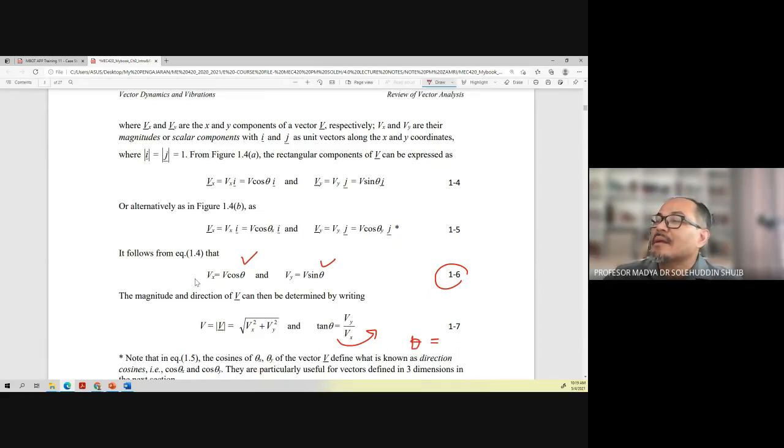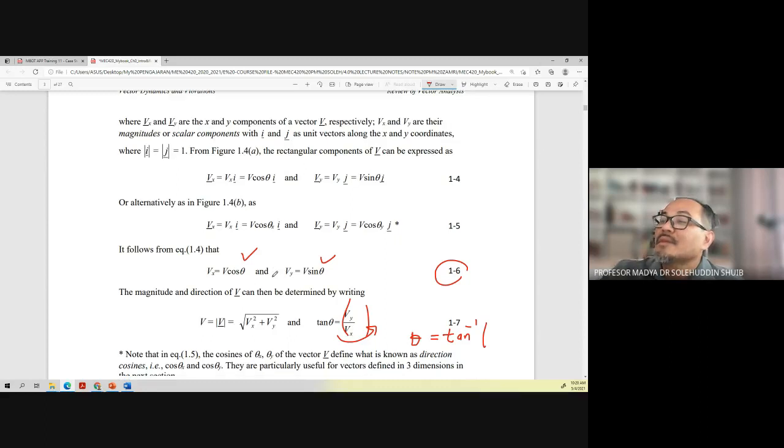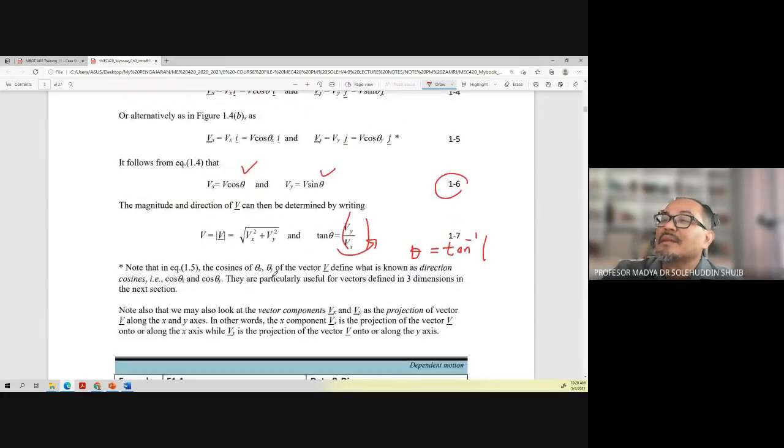Theta will be inverse tangent of this value. Okay, inverse tangent of this value. So you can get the value of theta.